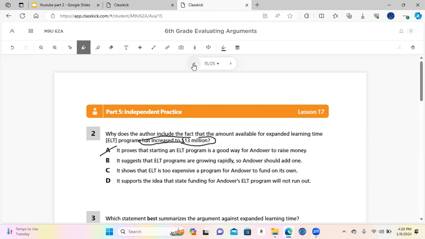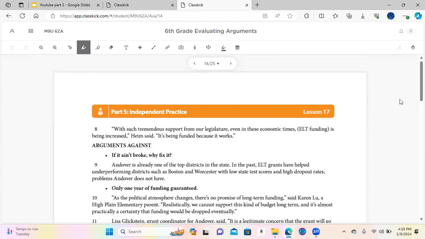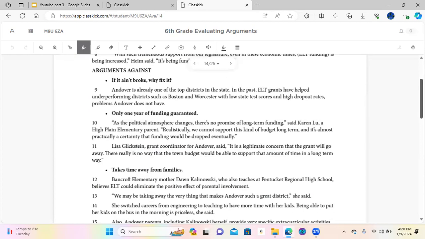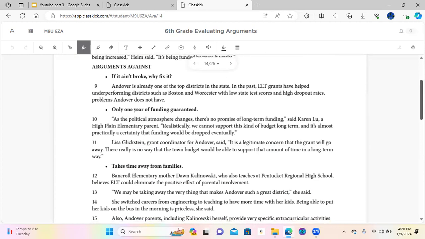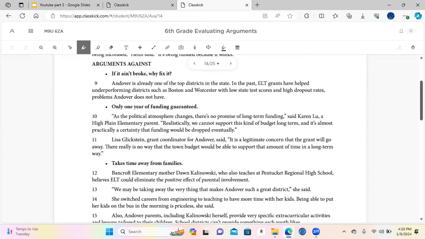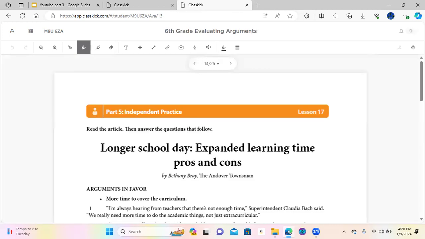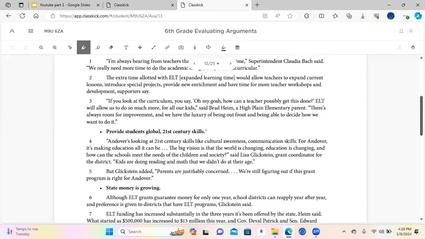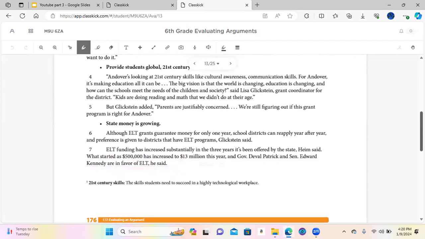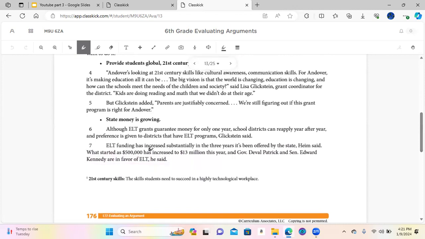All right, so let's go back to the passage and find that information. Okay, so let's go back to the arguments in favor of. All right, so here it says ELT funding has increased substantially in 3 years.